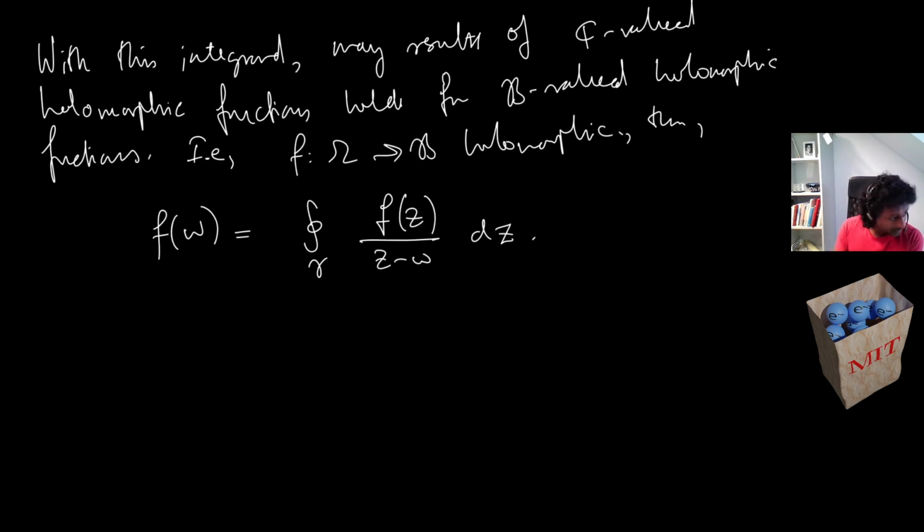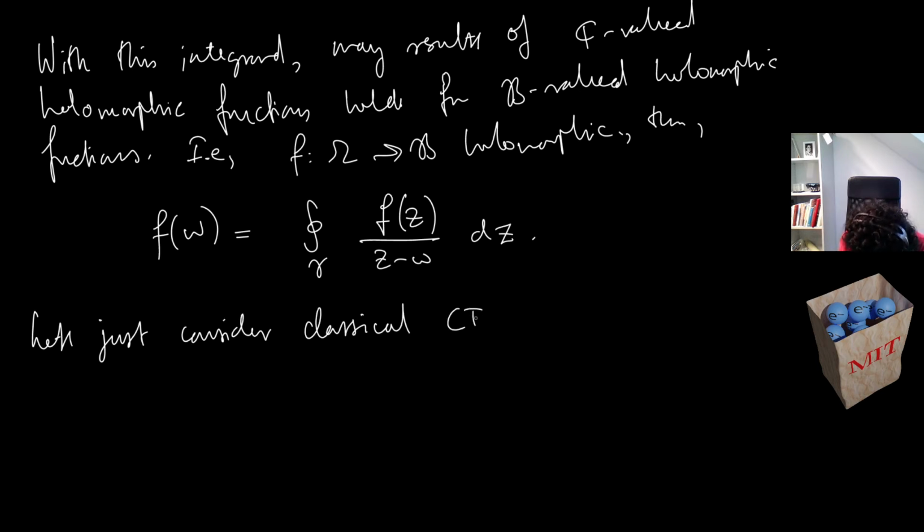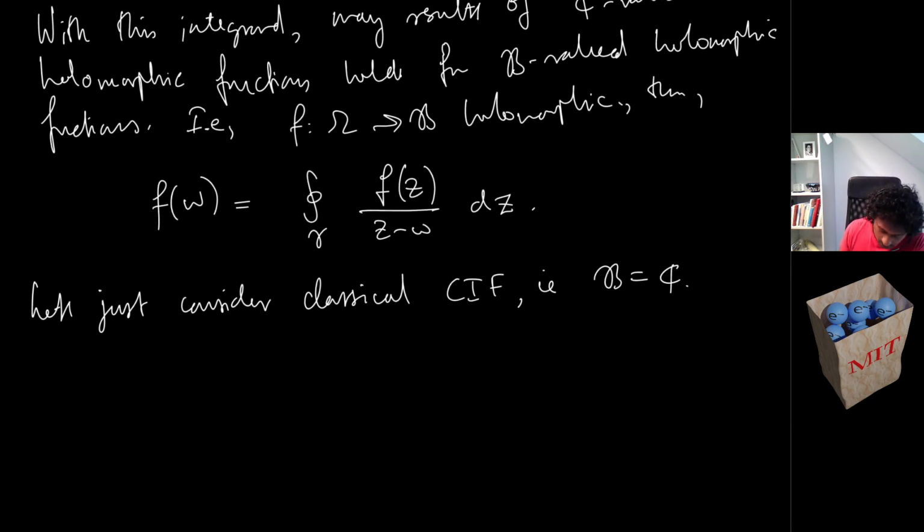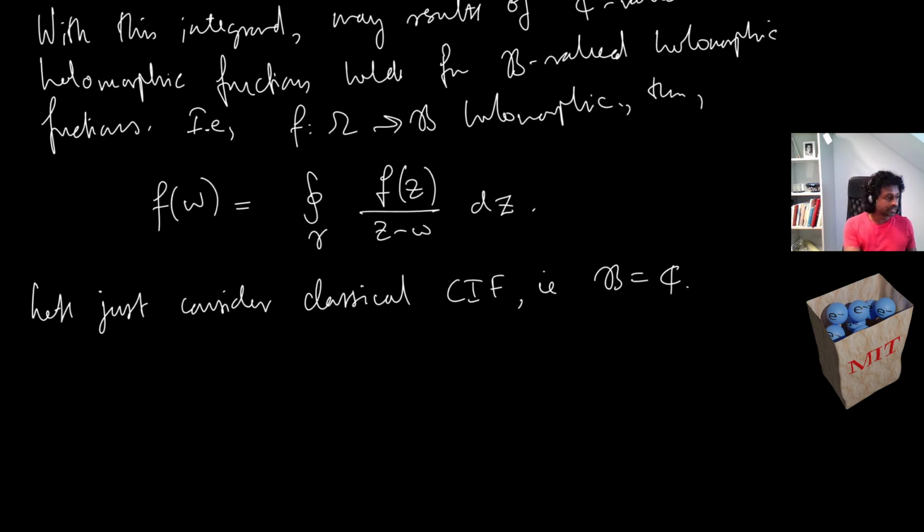Just an example. Let's go back to the Cauchy integral formula for just complex valued objects. What do I mean by that? Let's just consider the classical Cauchy integral formula, i.e., for B equal to C. What I want to do is interpret this in a slightly different way, right?